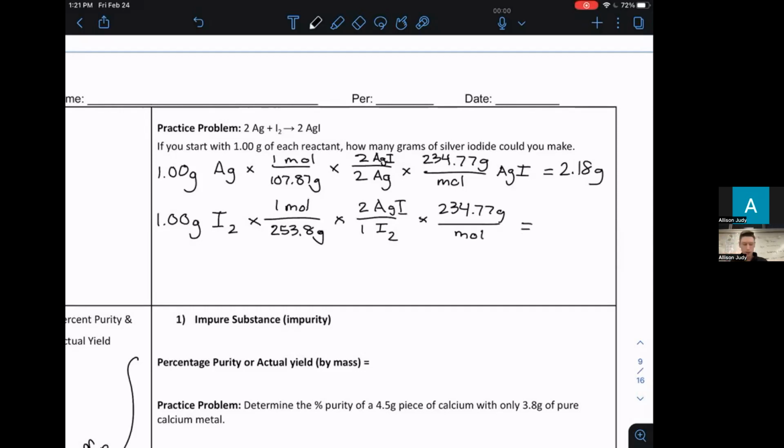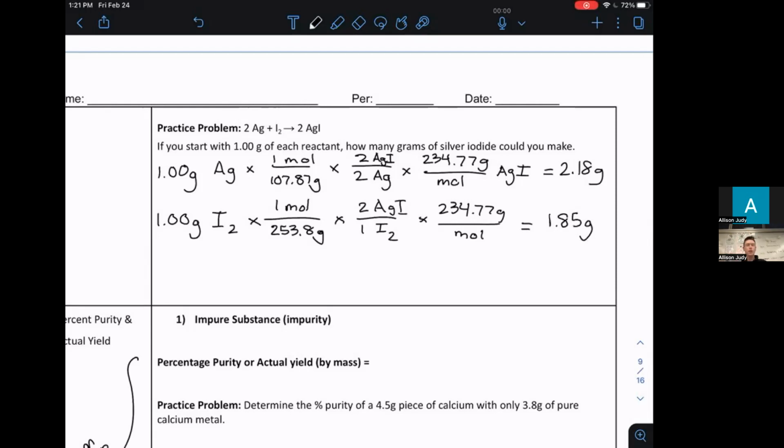And this would get us, do the math again, 1.85 grams, I believe.